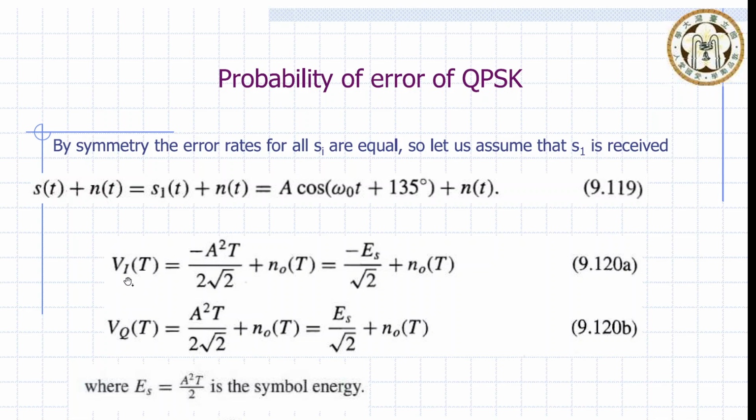Now VI of t, this is the output of the correlator. You can do this as an exercise.